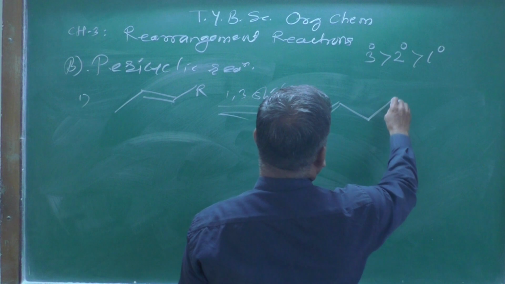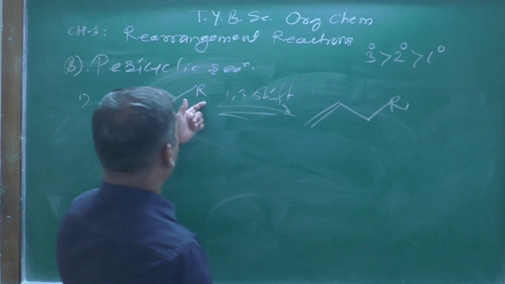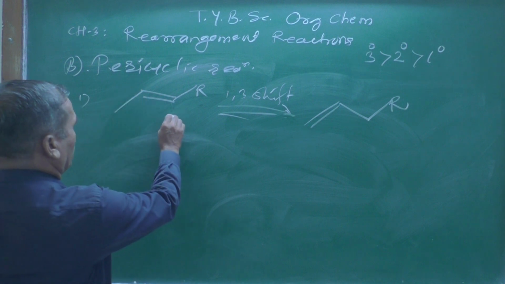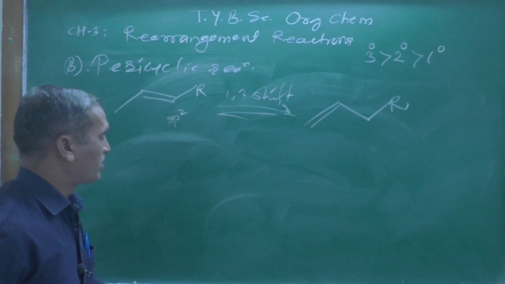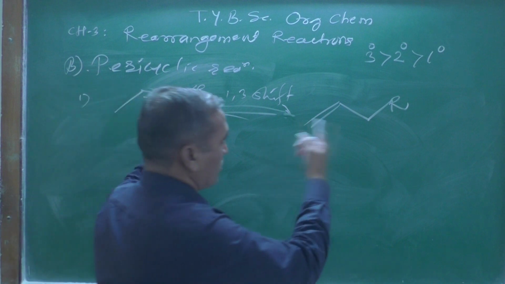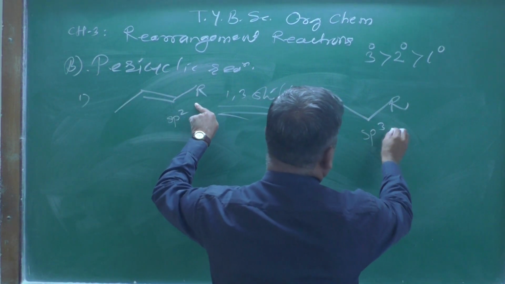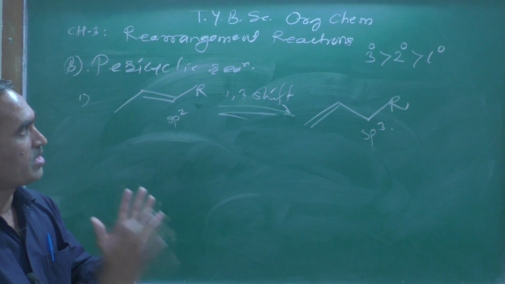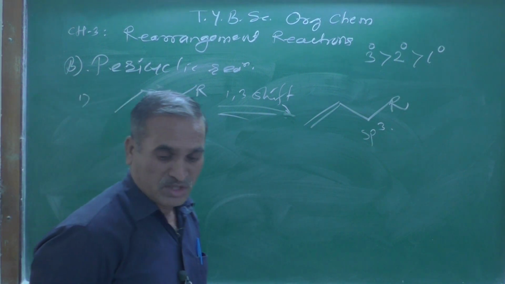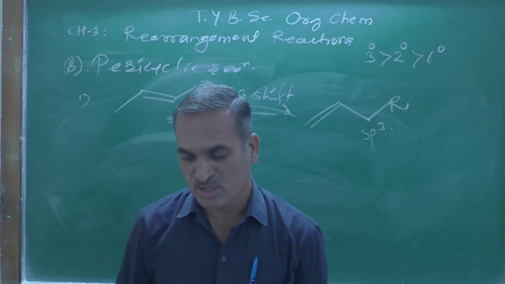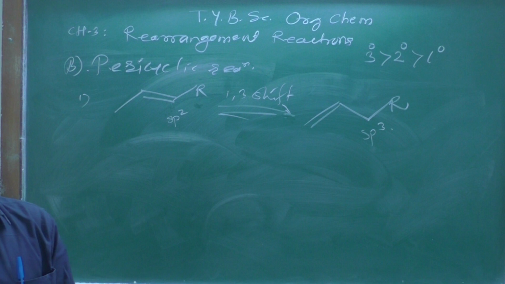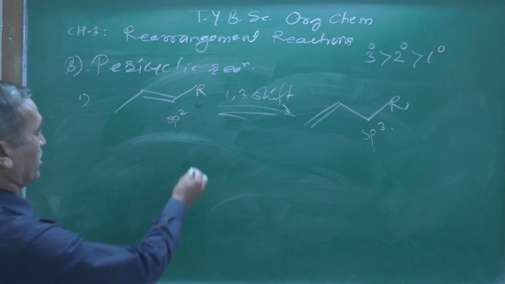Here R is joined to an sp2 carbon. In the product, R will be attached to an sp3 carbon atom. That type of shifting is known as a 1,3 shift, and the product is formed. And this is one example of the Claisen rearrangement reaction.